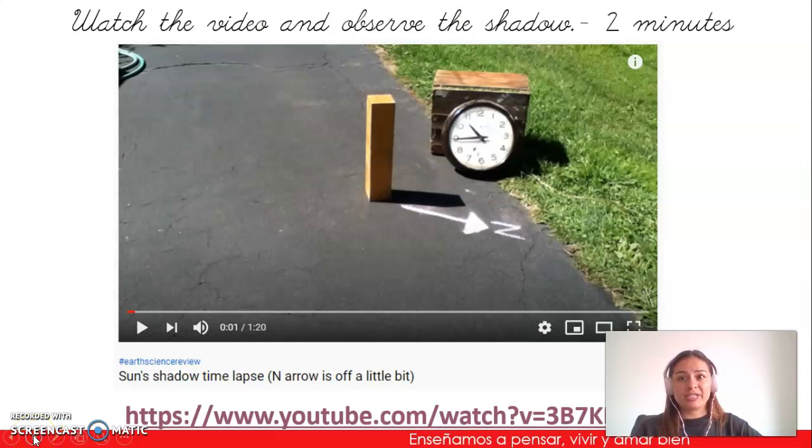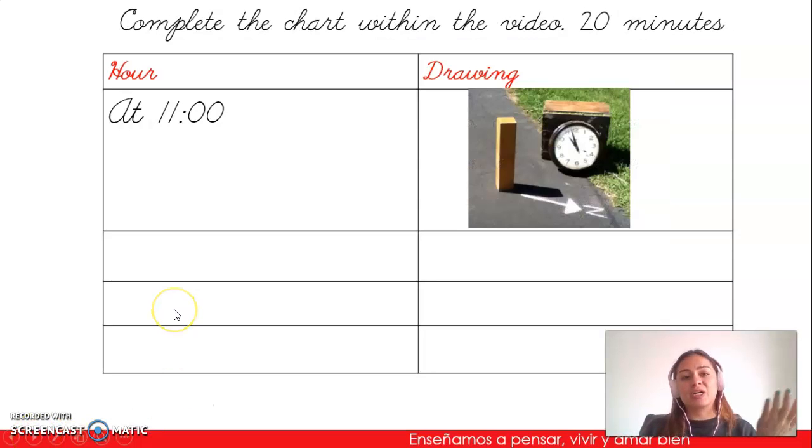When you finish watching the video, you are coming again to the chart in your notebook, and you're going to write the hour that it says on the clock, and you are going to draw what appears in the video. You're going to select 3 more times different from 11.